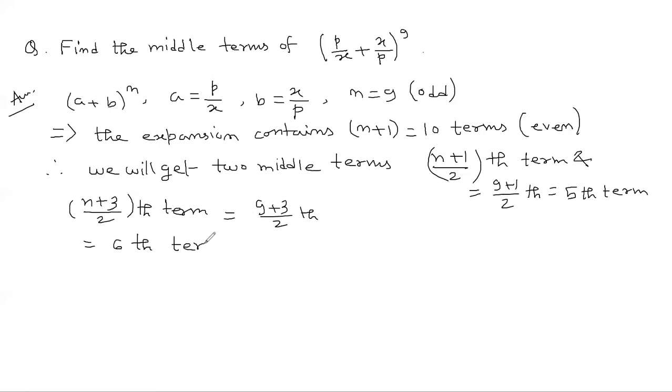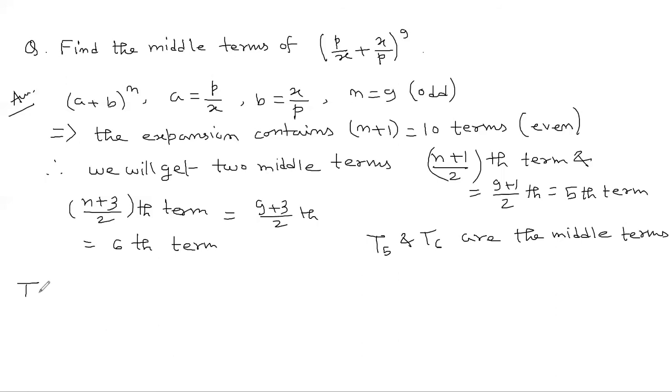So here in the expansion we have 5th and 6th term as the middle terms. So here we have T5 and T6 as the middle terms. So let us try to determine those middle terms.